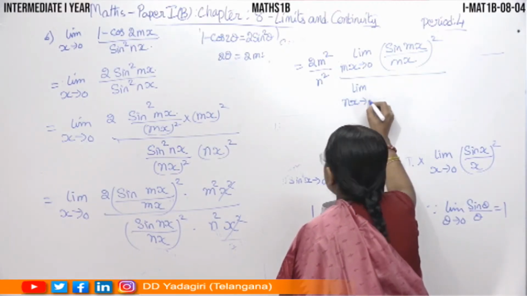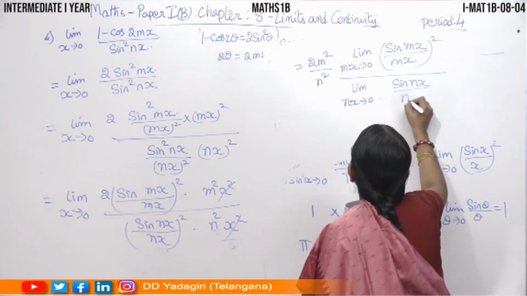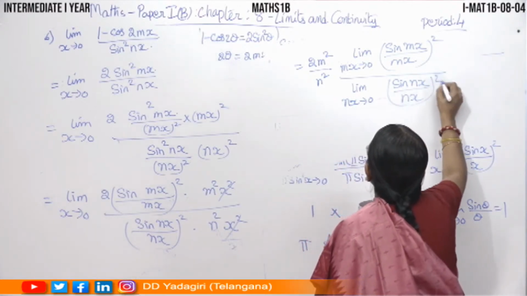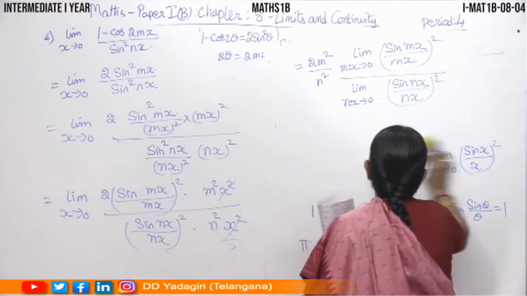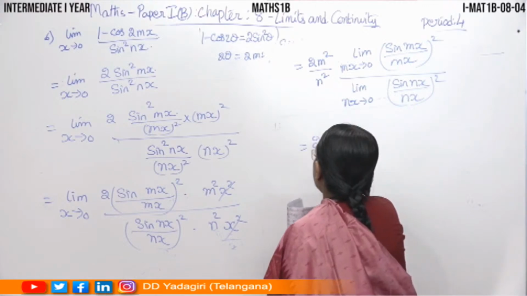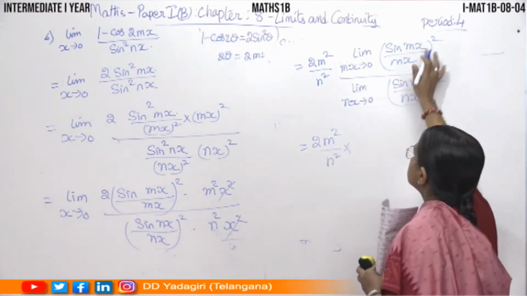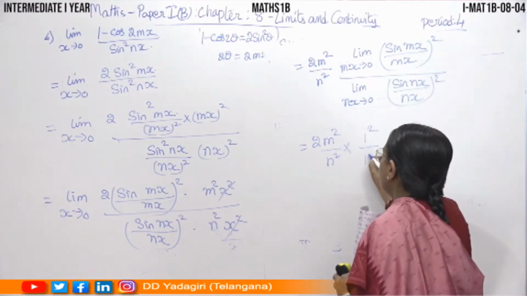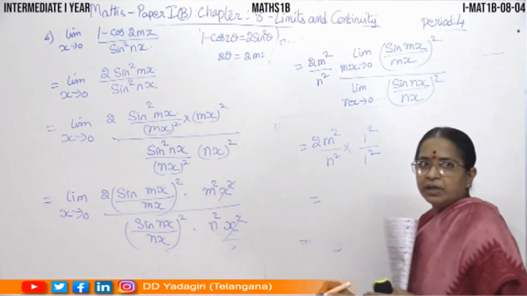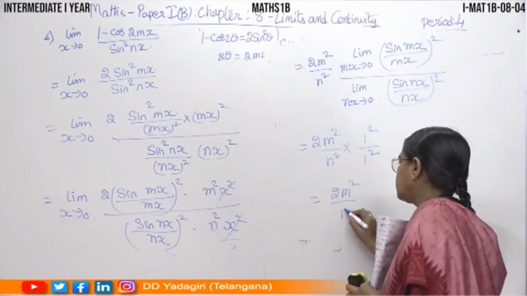Similarly, nx tends to 0 of sin nx by nx whole square. Now it is in the standard form, and you can write the answer as 2m square by n square into 1 square by 1 square. So it is equal to 2m square by n square.